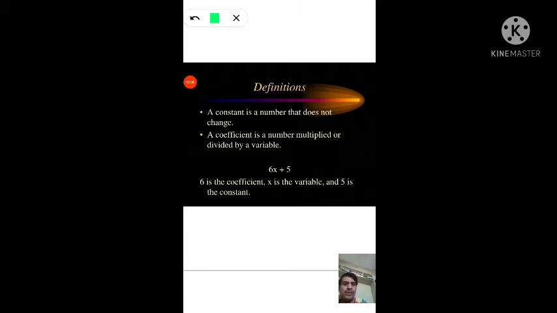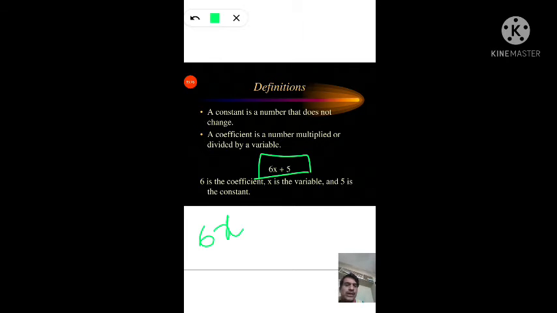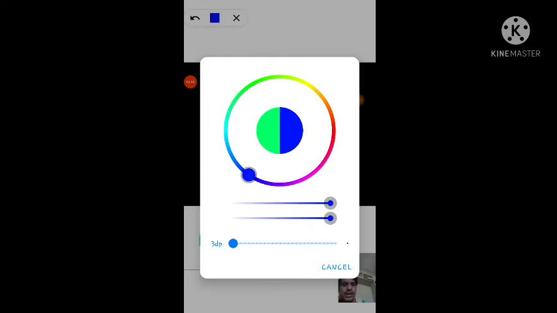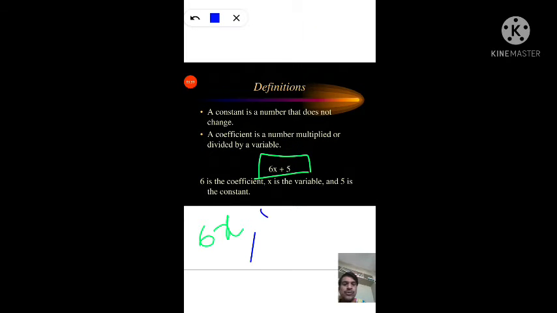Next, coefficient. What is coefficient? To explain this concept of coefficient, let us consider an example, 6x plus 5. In this, we are having two terms. What are those? 6x is one term. 5 is another term.